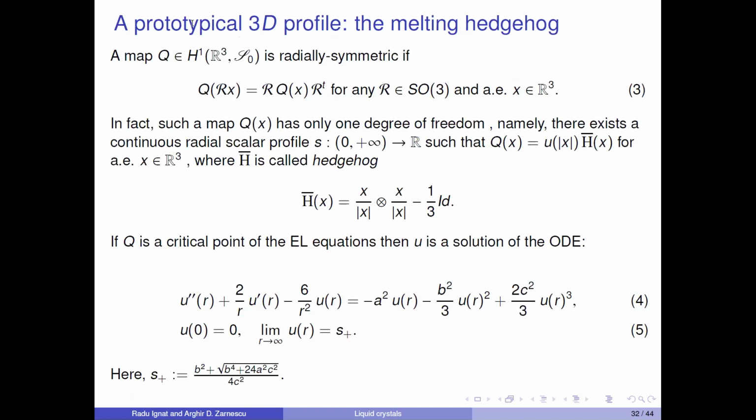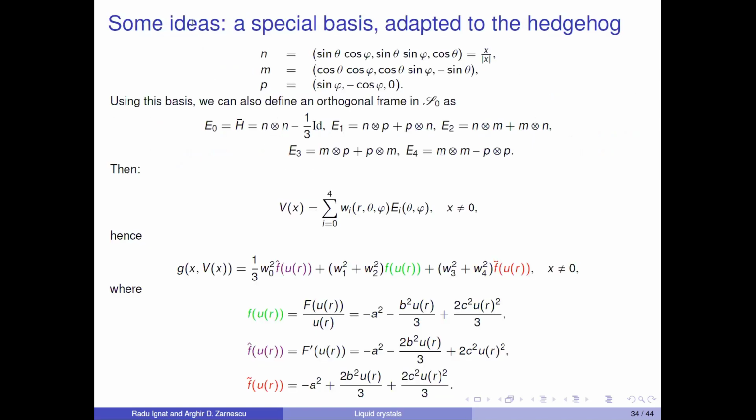Now, if you multiply it with something like this, you need to put the condition that U of 0 is 0. So this whole thing will become 0. That's the melting thing. So this is the melting hedgehog, while this is just a hedgehog. That's the terminology.